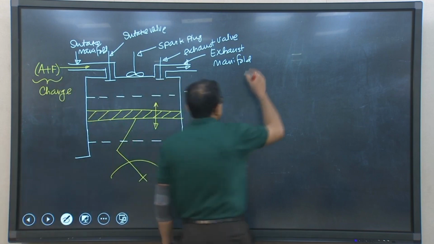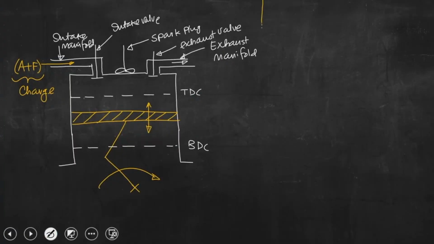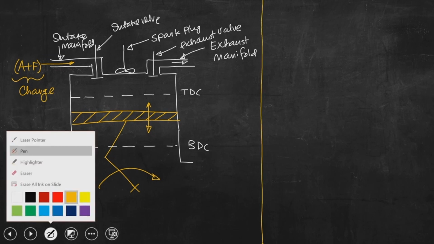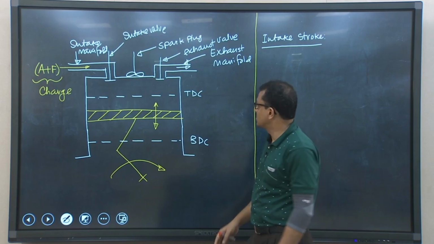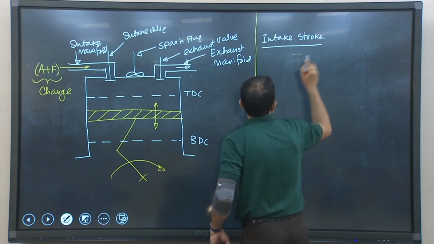Now, let us identify the different strokes. Why? Because only after knowing the different strokes can we go for the classification based on the number of strokes. The first stroke is the intake stroke.